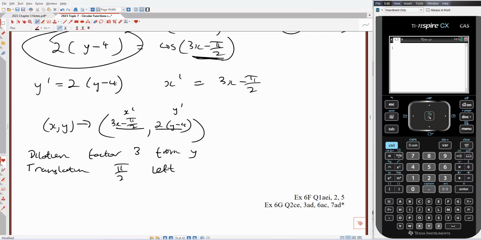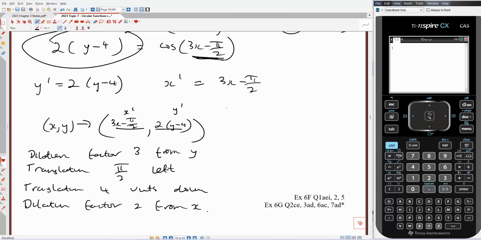Now y has 4 removed from it, so this is a translation 4 units down, and this multiplied by 2 is a dilation factor 2 from x. So we've got those 4 transformations.